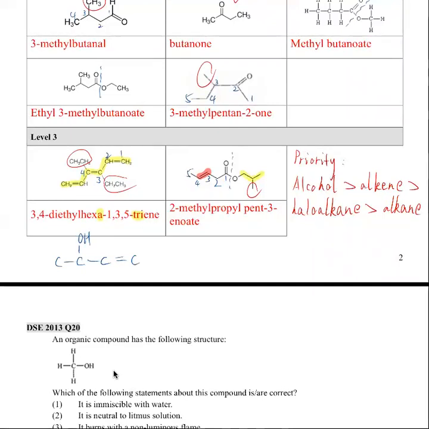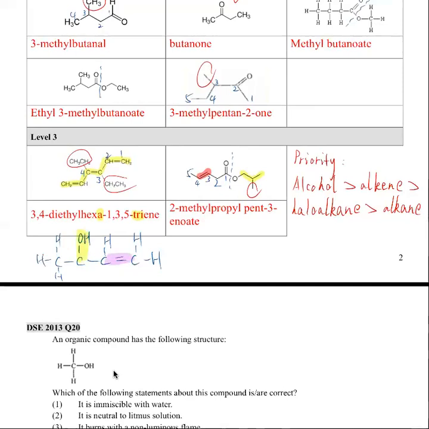Okay, yes, let me go through the easy example. Okay, so now I have this example. Okay, so for this molecule, you can see it has 2 functional groups. Okay, so one is the OH group. The other one is here, the double bond.